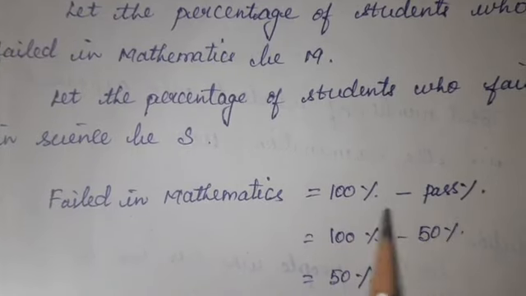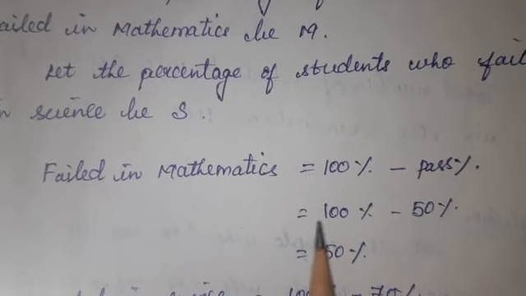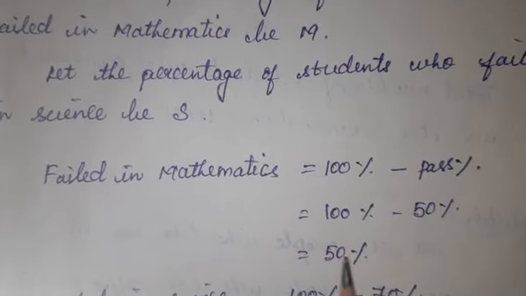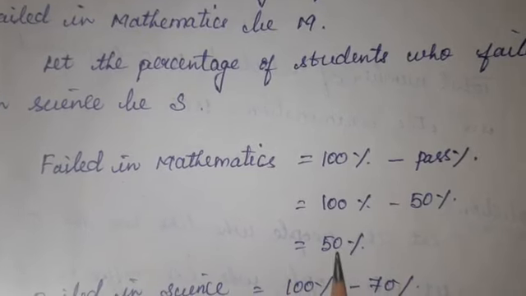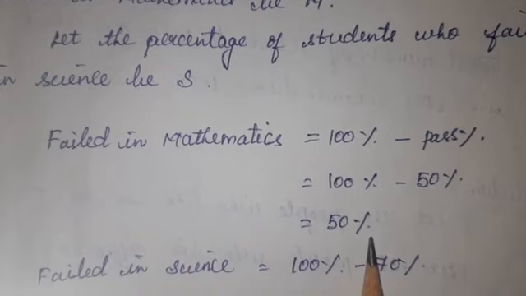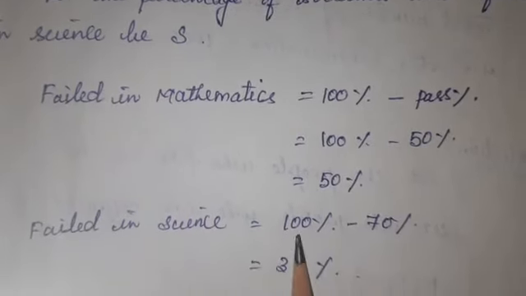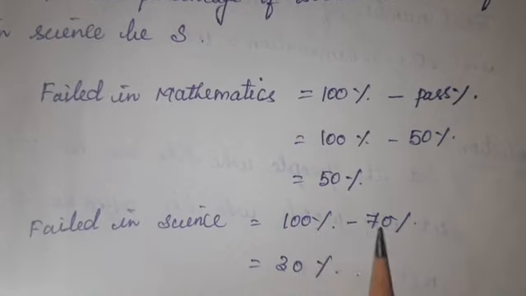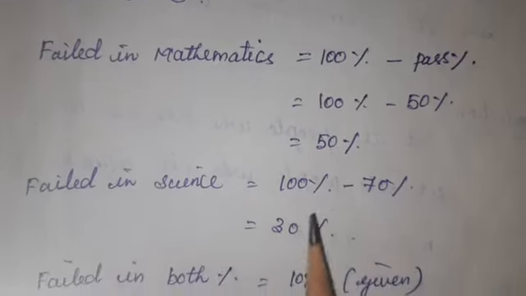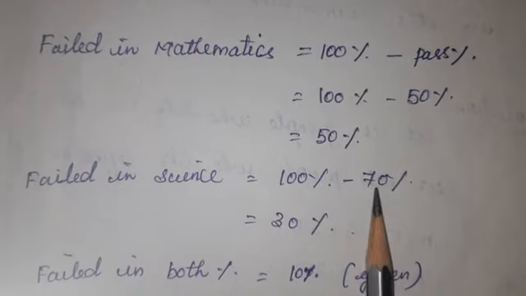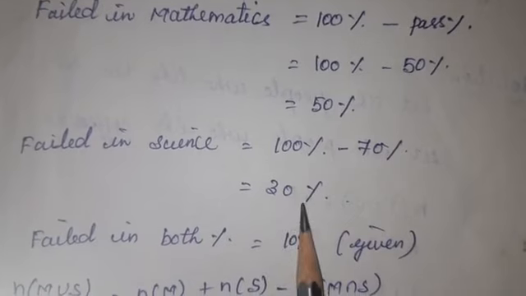Students passed in mathematics is 50%, so 100 minus 50 is 50%. That means the percentage of students failed in mathematics is 50%. Next, failed in science is equal to 100% minus 70%, the pass percentage in science, is equal to 100 minus 70, it is 30%.